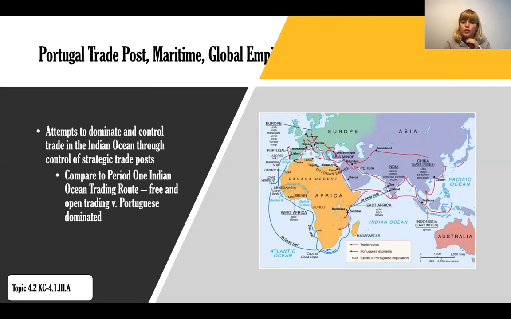So South Asians and Eastern Africans are going to be trading with the Portuguese only or through the Portuguese. All right, they pretty much put a halt to all of this free trade. So this is where you're going to see the first time where you see Europeans coming in and taking over something. So make sure you understand that.